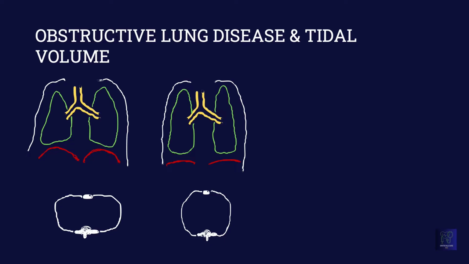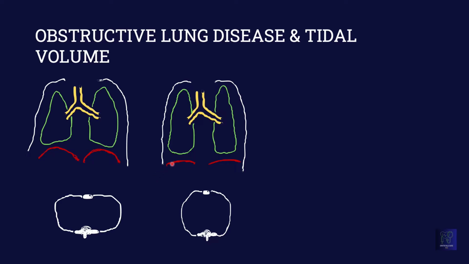So at the end of exhalation, some air gets left behind. And as the disease process continues to get worse, the trapped air increases in volume, and over time, lungs become hyperinflated.